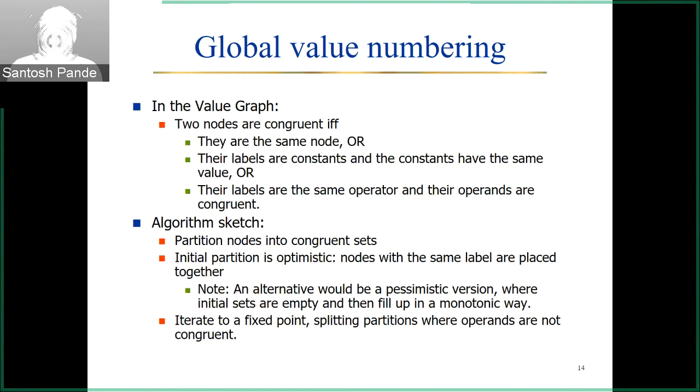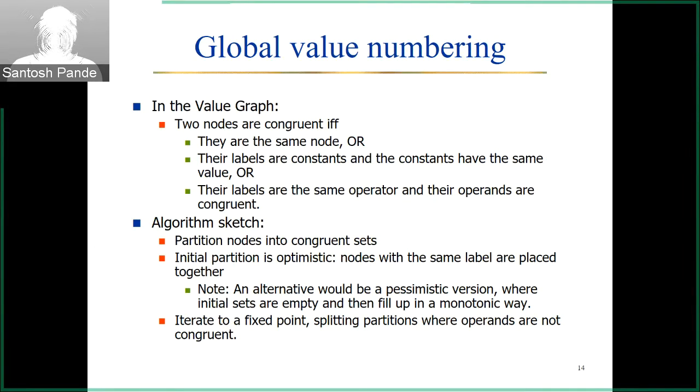They are all equivalent. And the important reason for doing this is, again, just like in SCCP, the fixed point that is generated by this particular solution is an optimistic fixed point, and it is actually declaring many values to be congruent. If we started in the pessimistic sense, we would not be able to declare them as congruent.